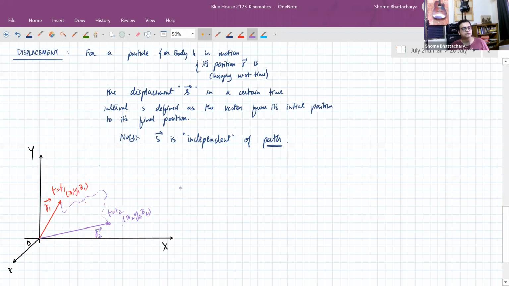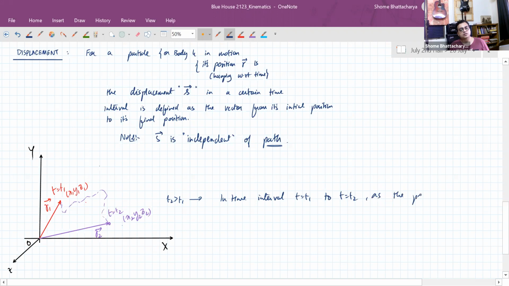So during this time t1 to t2, here I'm assuming that t2 is greater than t1. In the time interval t equal to t1 to t equal to t2, the particle has moved from position r1 to position r2.